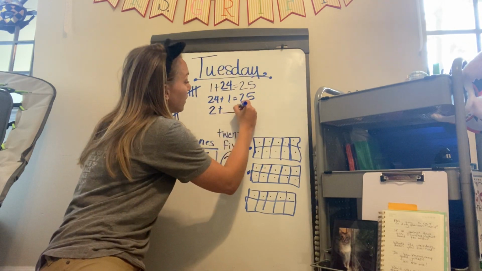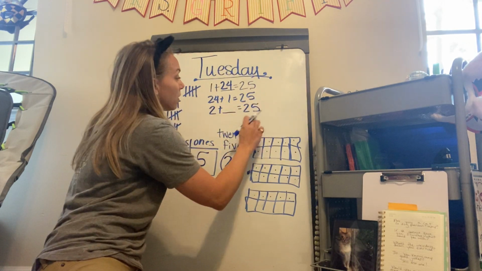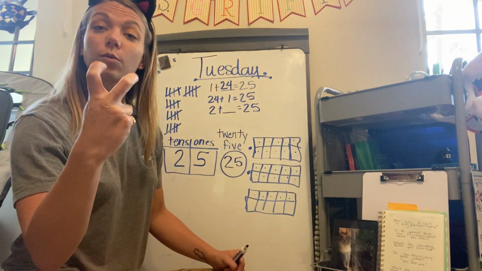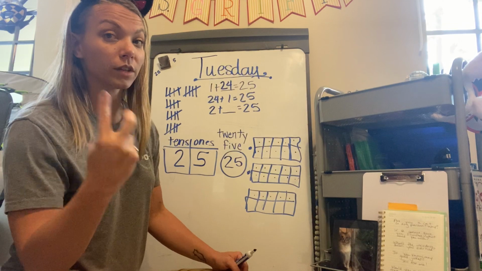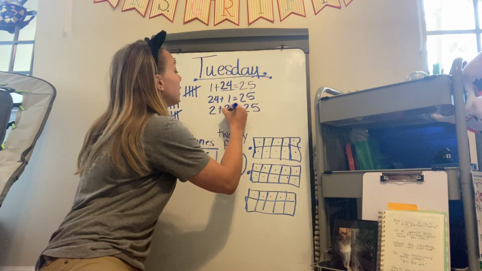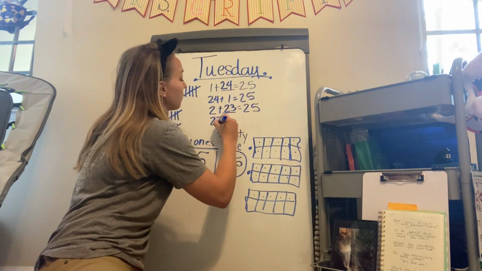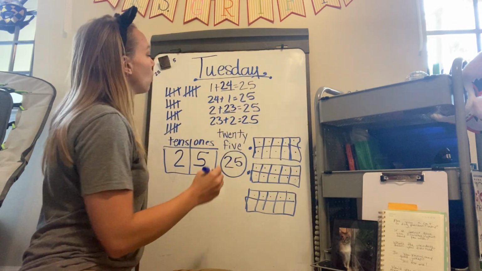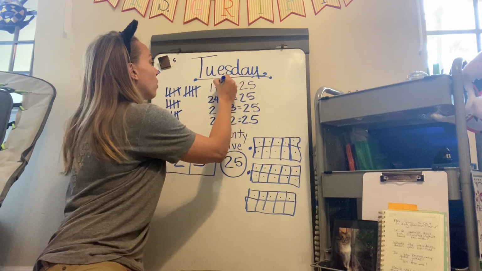But what about 2? 2 plus what equals 25? I can count backwards. 25, 24, 23. Notice how I only took away 2. 23 plus 2 equals 25. I see 24.